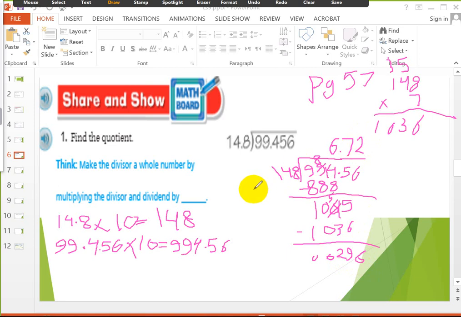Now, to multiply 148, if you write it, or if you try to multiply this number with 2, the answer will be 296, the same number. You can try. So the remainder will be 0. So what is the answer here? 7.2 hundredths. So this is the answer for this division.